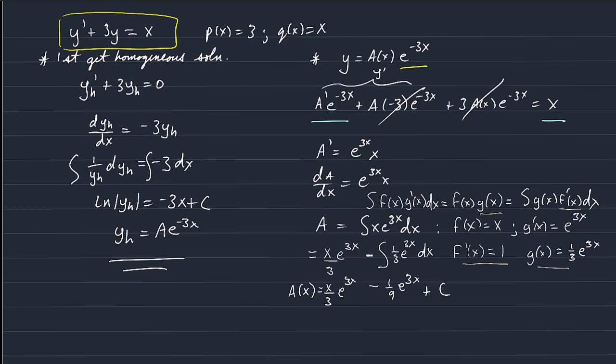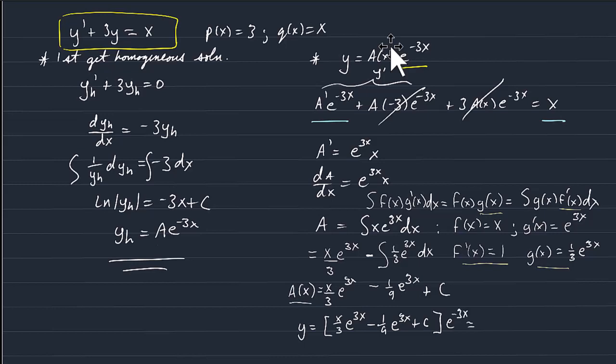And so substituting A into our equation for y, we see that y is equal to A of x, which is x over 3 e to the 3x minus 1/9 e to the 3x plus c, times e to the minus 3x.